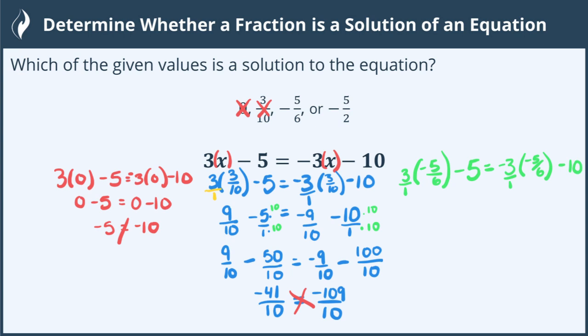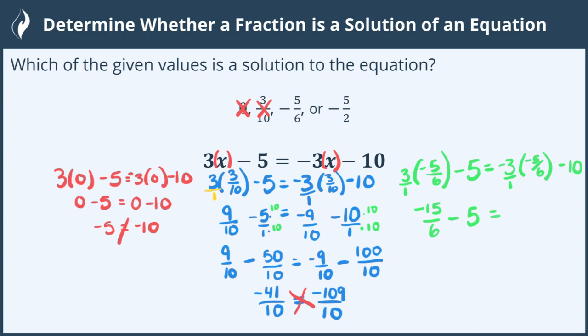So on the first one, 3 over 1 times negative 5 over 6, we're going to multiply 3 times negative 5, which gives me negative 15/6. We could have simplified that as well by dividing both 6 and 3 by 3, but I'm not going to worry about that in this video. And we still have subtract 5 here.